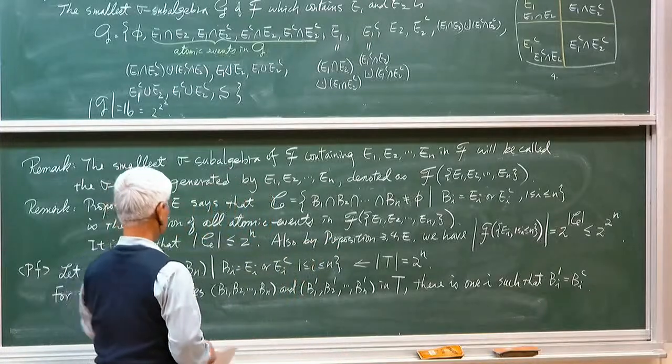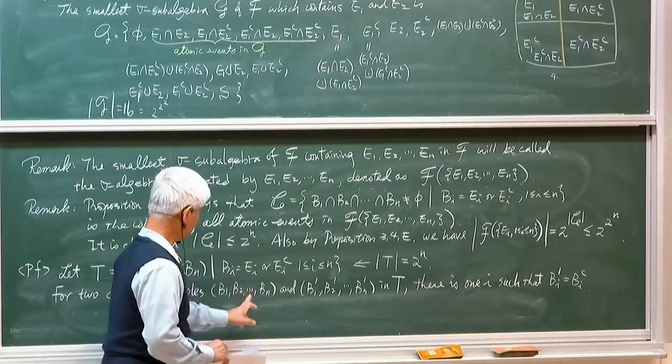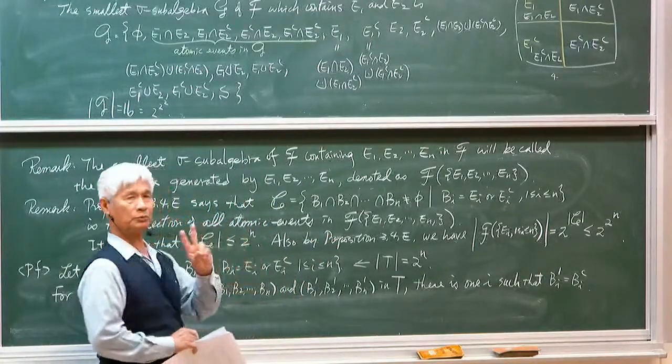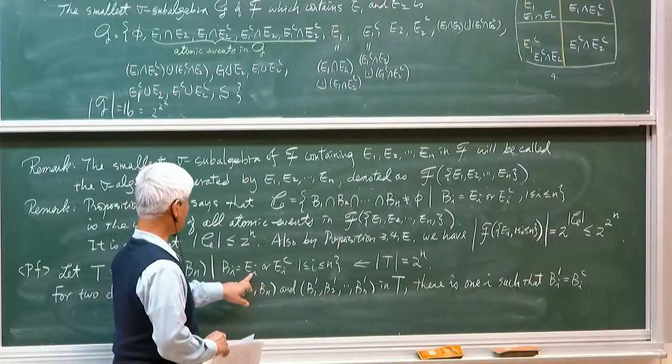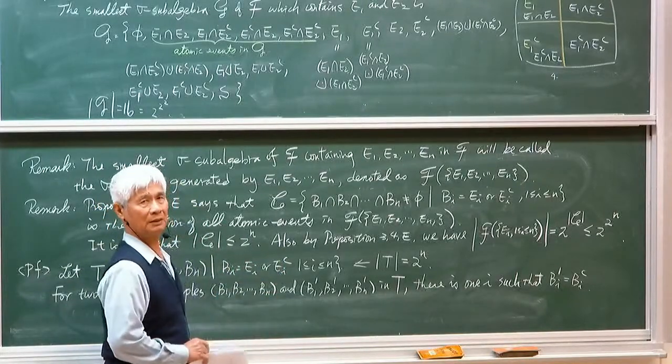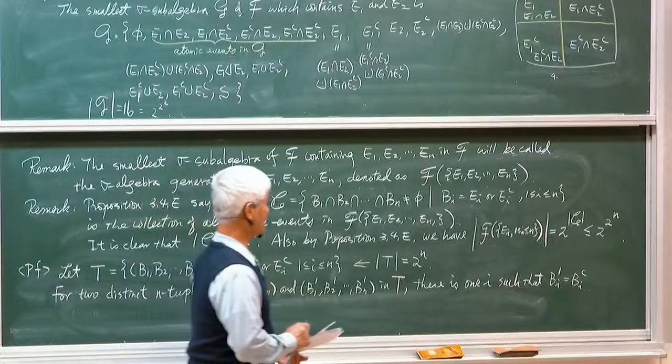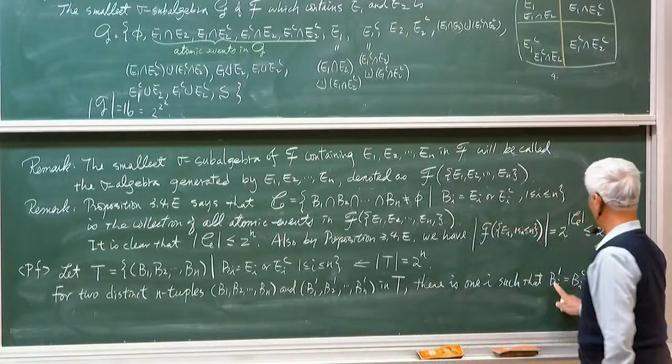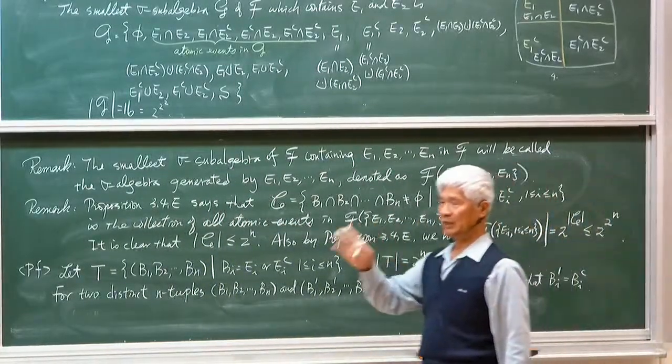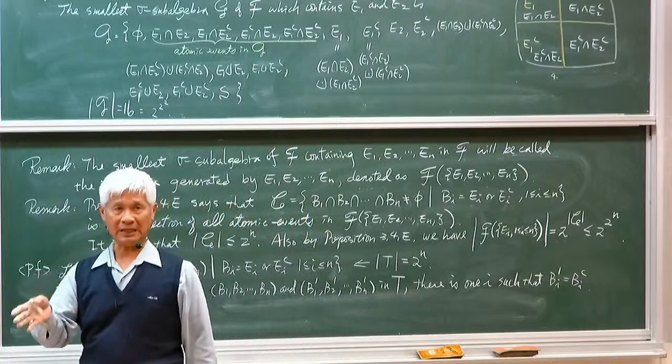But in the i-th entry you have only 2 possible choices, either Ei or Ei complement. So if Bi prime is different from Bi, then Bi prime must be the complement of Bi.